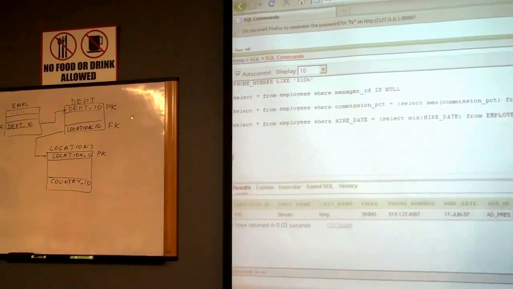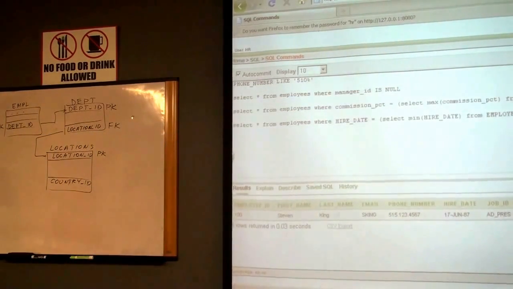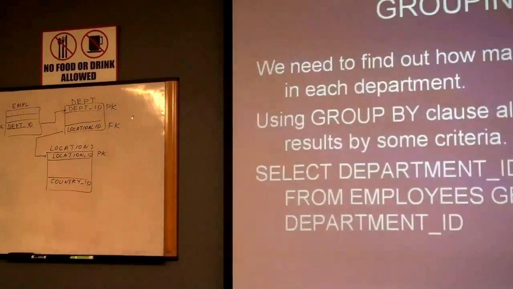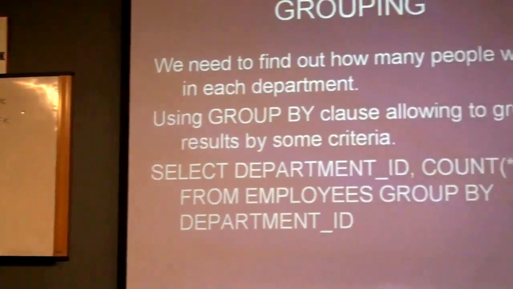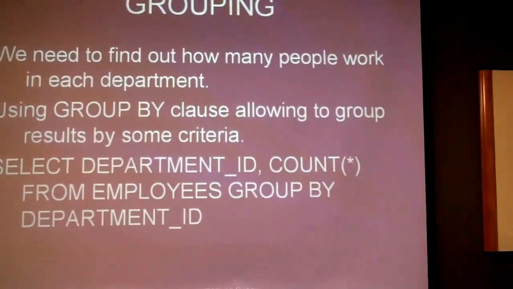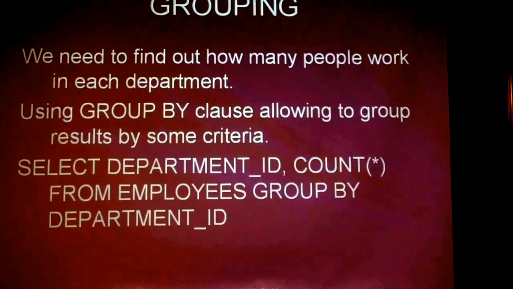And here is how it looks like. Grouping. So this statement shown at the bottom: select department ID, count star from employees, group by department ID. Okay. So this statement works in Oracle.